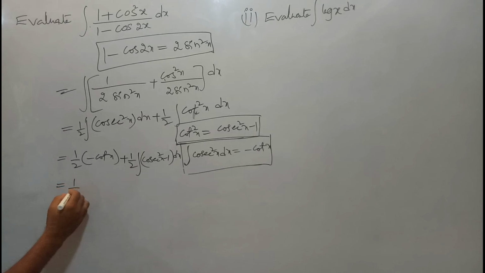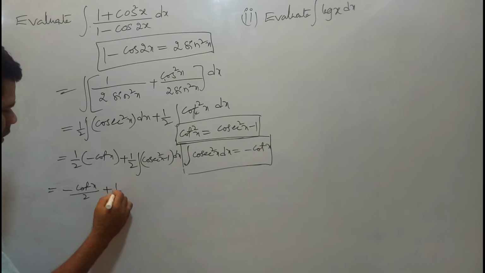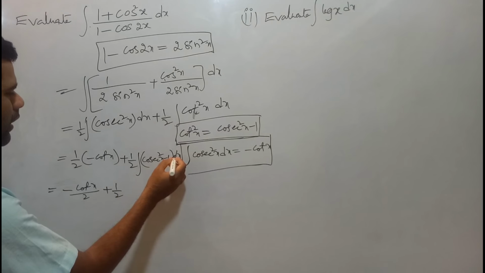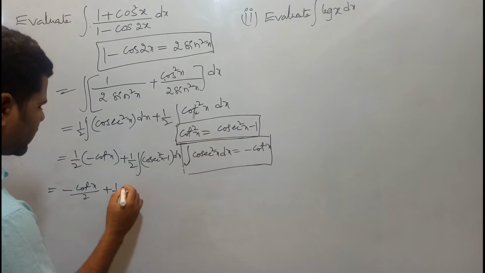So half into minus cot x by 2, plus half integral cosecant square x into dx, which is equal to minus cot x.